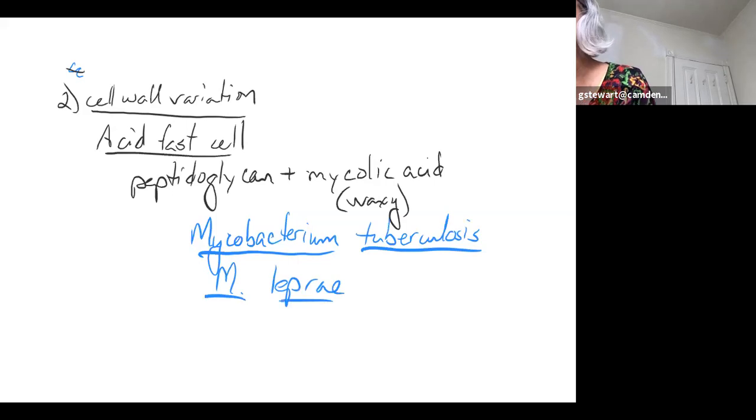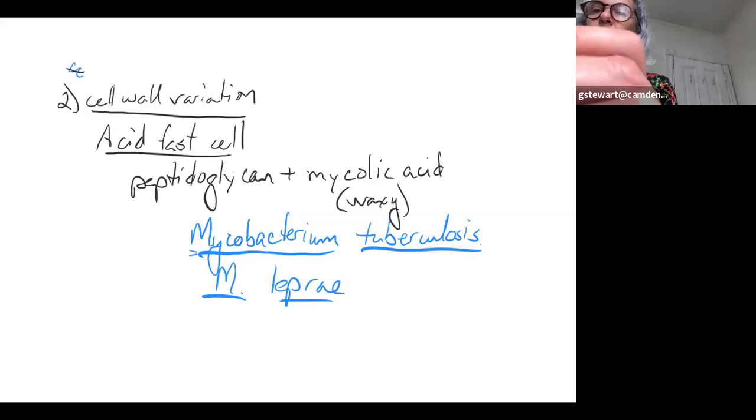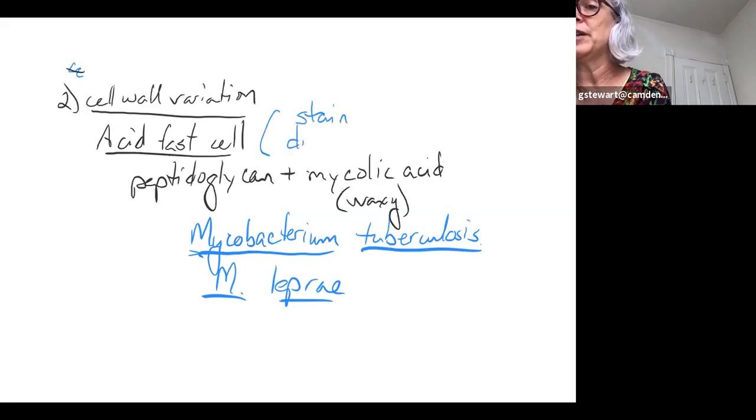That one causes leprosy. This one causes tuberculosis. They both have acid-fast cell walls. So again, this is a stain that we're going to apply that is going to distinguish or tell us the difference between basically these two bacteria and everyone else, between types of cell walls.